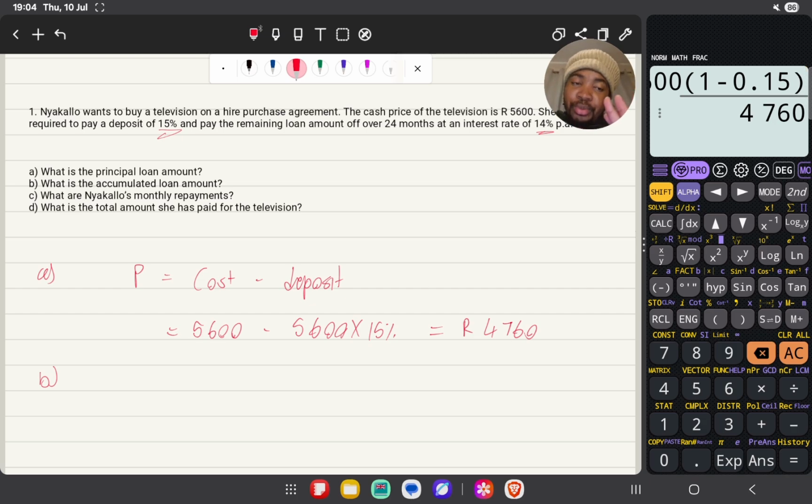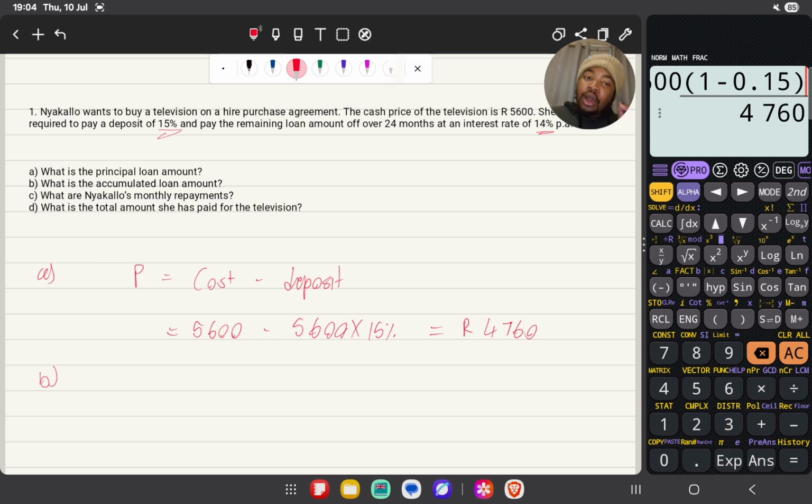So now we pause. This 4,760 rands, we need to check how much it is valued at over a duration of 2 years.